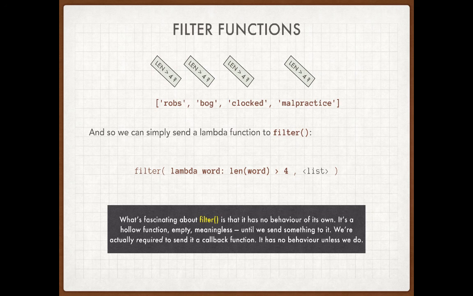It doesn't have any identity unless we send it a callback function. Now, footnote, true. If you don't send a function to filter, what it will do is it will look at every element and ask if that element is truthy in some kind of Python way, right? So None and False and maybe 0 are kind of false-ish kinds of things, but that's not very interesting. So what's fascinating here about filter is that we do have to send it some behavior, otherwise it just doesn't have anything by itself, right?